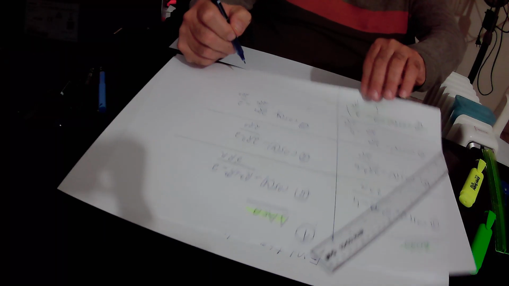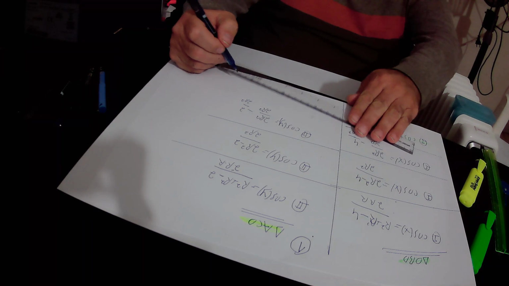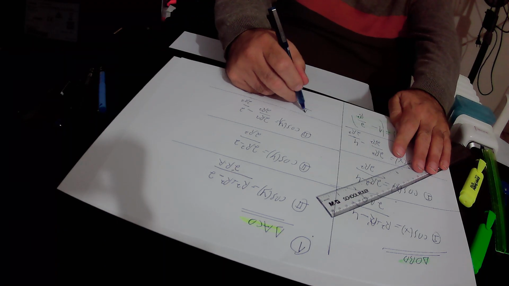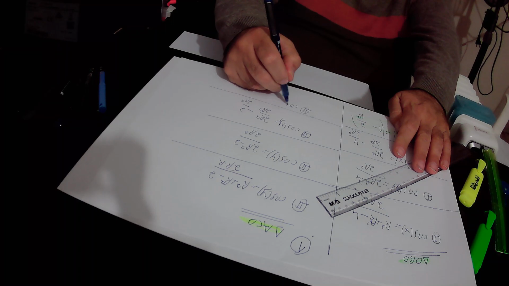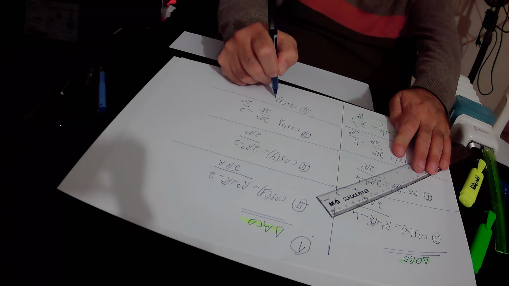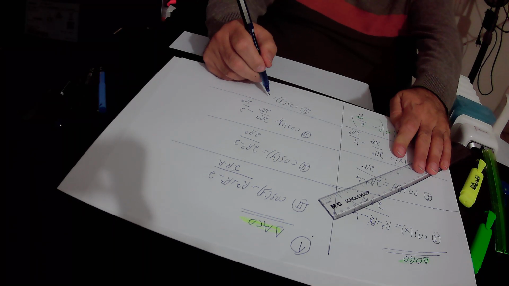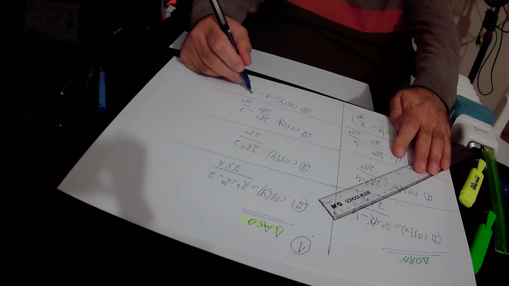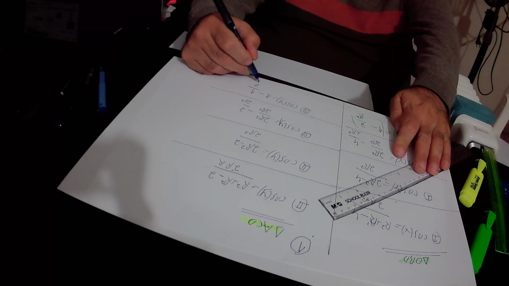So we get actually that cosine y equals 2r squared over 2r squared is 1. And here we have minus 2 over 2 is minus 1, so in the numerator we have minus 1 over r squared. Okay.